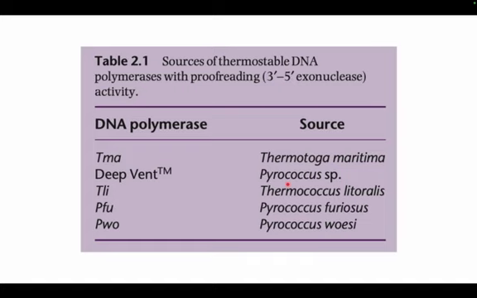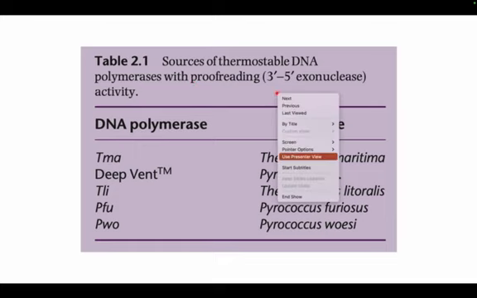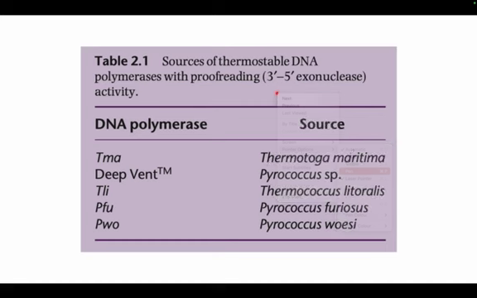So, one thing about Taq polymerase is that it does not have a feature called 3' to 5' exonuclease activity. This is something called proofreading activity, because what this actually does is help the DNA polymerase recognize when it has incorporated a wrong base and get rid of it.